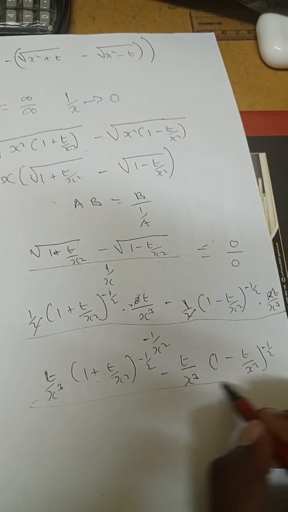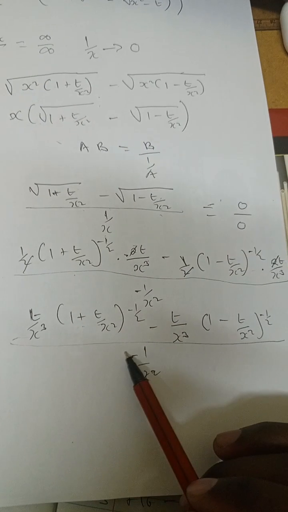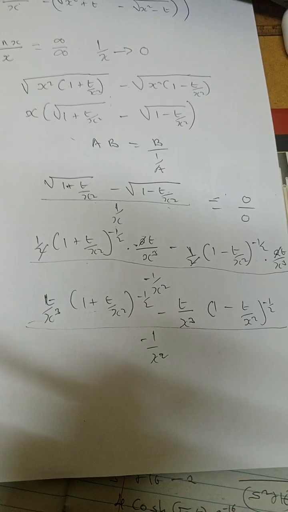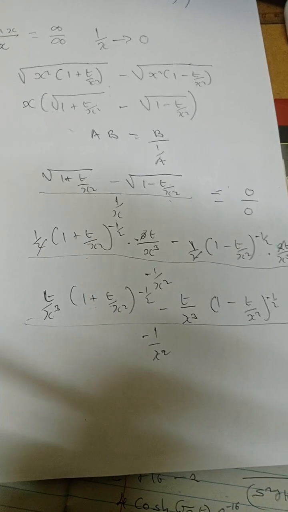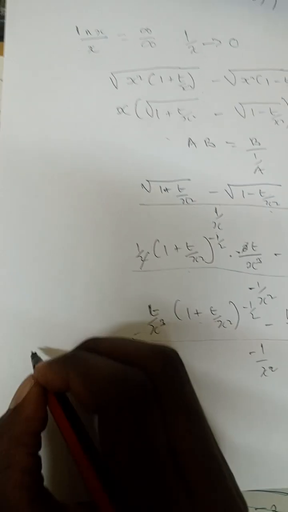Then this is all over negative 1 over x squared. Since we have negative 1 over x squared at the bottom and on top we have 1 over x cubed, we can work it out here.